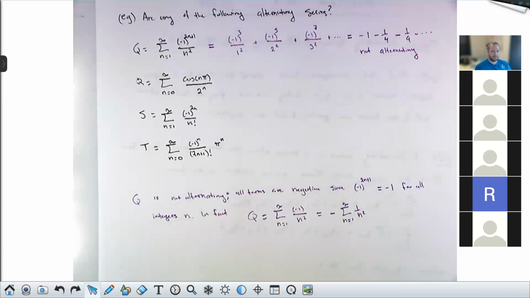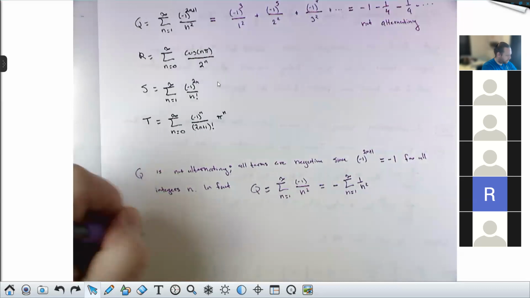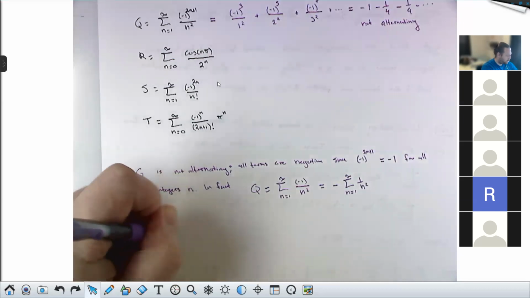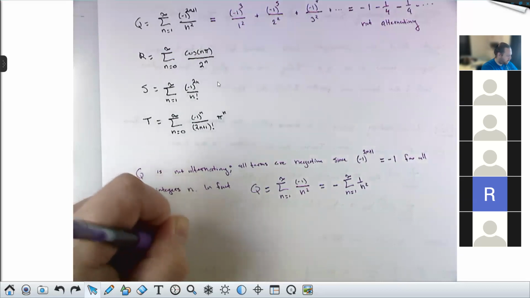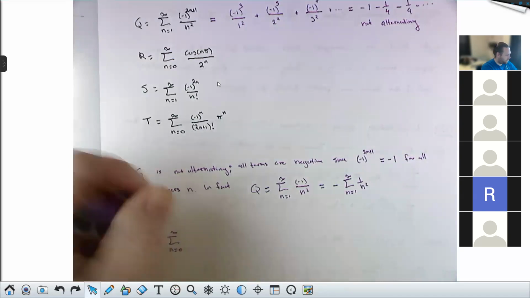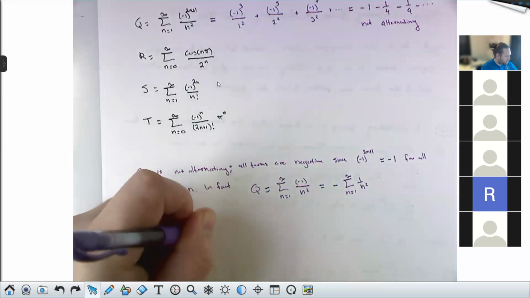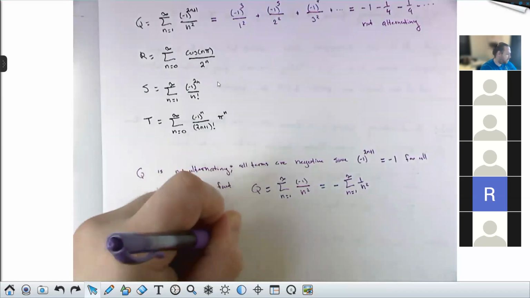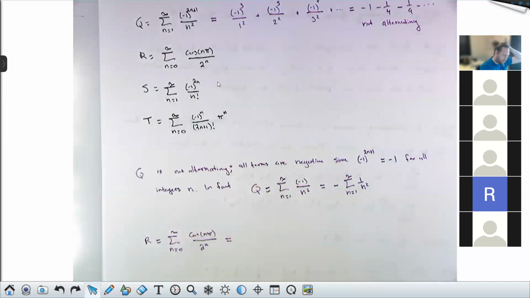All right, let's look at R. And I'm going to go ahead and just come down here because I want to have plenty of space. So the series R is sigma n from 0 to infinity cosine of n pi over 2 to the n. And I just write out the first few terms.